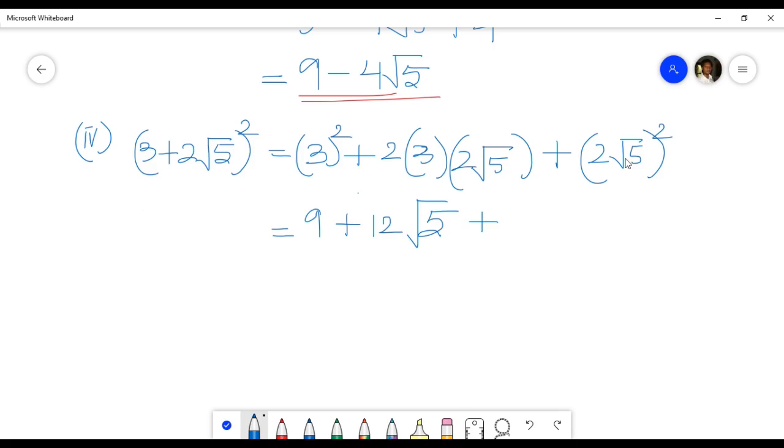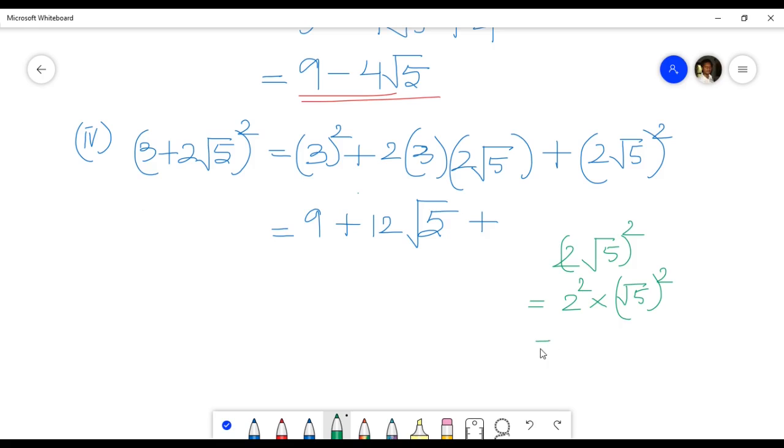Let's solve the third term. I would just like to show you in rough how to solve that. (2 root 5) whole square. Now remember that the square is for both 2 and root 5, right? So we'll just separate it: 2 square into (root 5) whole square.